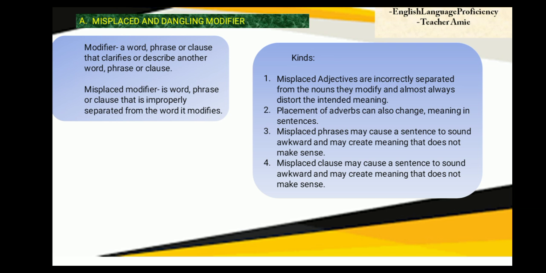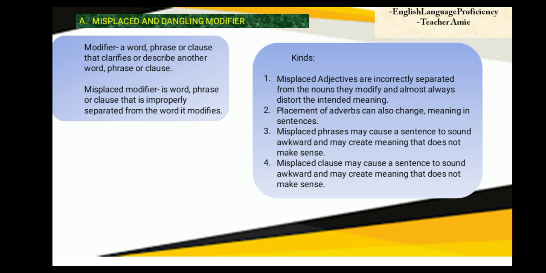Now, there are different kinds of misplaced modifiers. So, misplaced adjectives are incorrectly separated from the nouns they modify, and the result is they always distort the intended meaning. So, makikita natin mamaya sa examples.